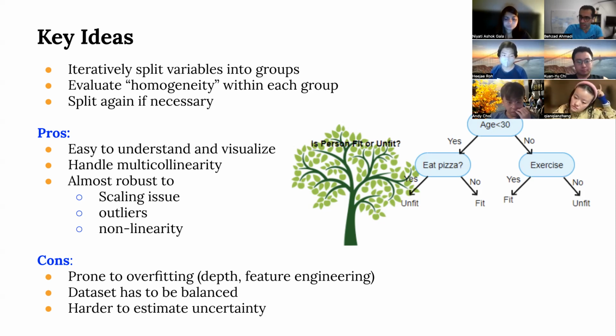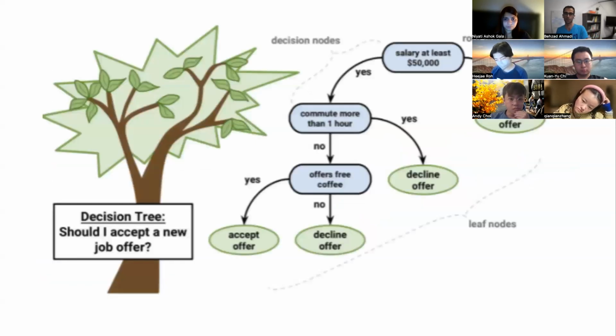You see, there's no nonlinearity type of issue here. The problem is that you can get overfit by going too deep. And if your data set is also not balanced, you have problems. So let's get to more detail here.